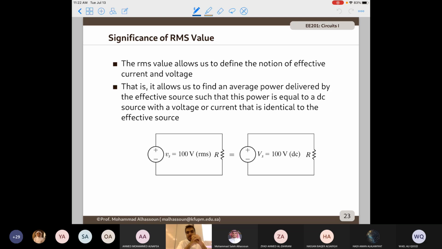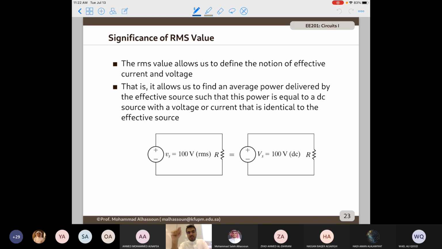The power could be positive or negative, depending on the relation between the current and the voltage. But because I have a sinusoidal source, I don't care about the instantaneous power.